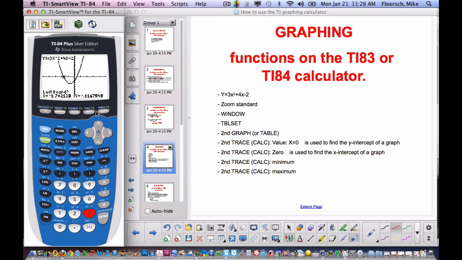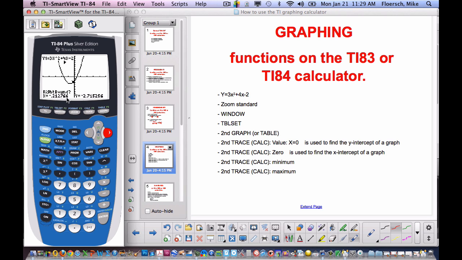Same thing. It asks left bound, so I'm going to just scroll right a little bit. That's if I draw a vertical line through the lower point, the vertex, I hit enter because it's to the left side of that. Right bound, so I need to move the cursor to the right side. Keep it in the same quadrant. We're in quadrant 3 here, so I'm just going to put it right there.